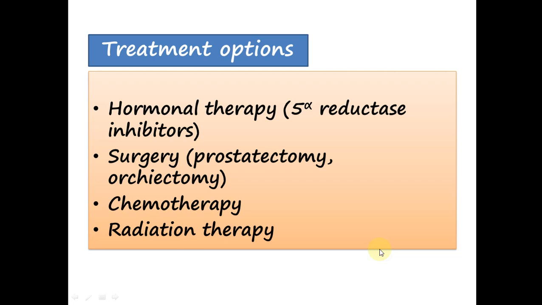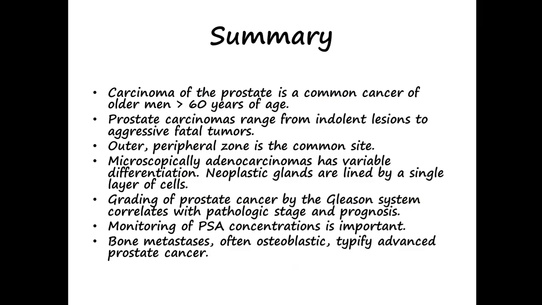So it can help us to shrink the prostate gland, and sometimes even prostatectomy may be needed to remove the prostate gland, but it will be effective only if there is no metastasis. And we also do orchiectomy to remove the testicular tissue so as to finish the source of the androgens. In advanced cases, we are left with only chemotherapy and radiation therapy.